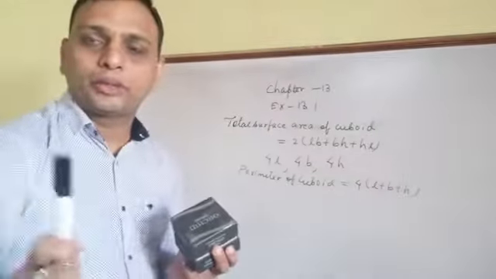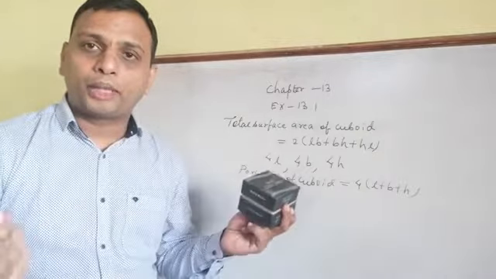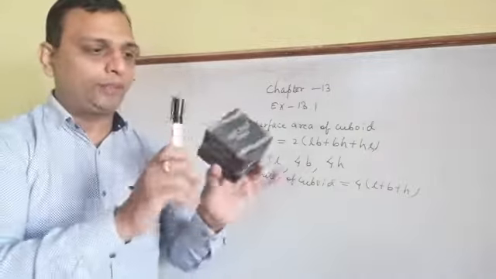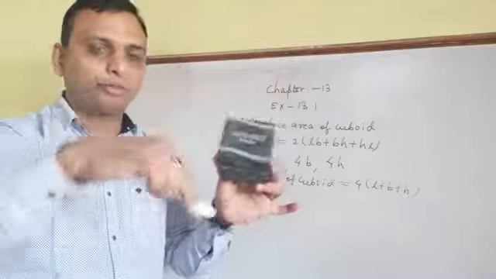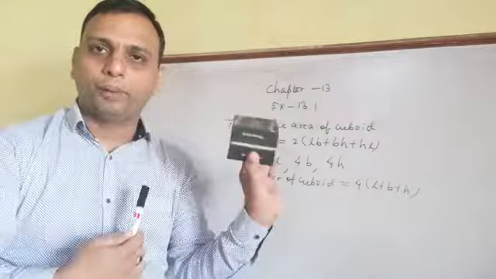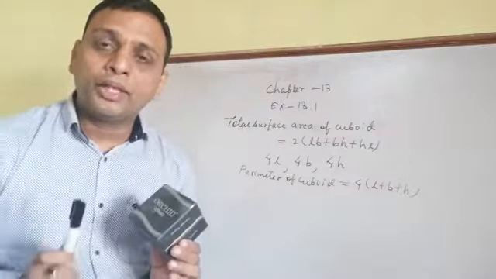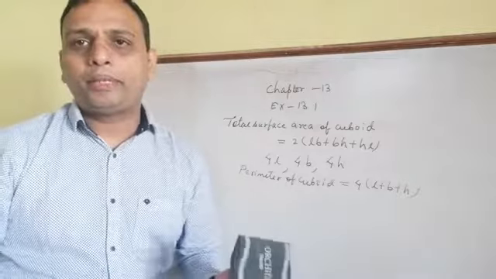Remember one thing: when I say total surface area of cuboid, it will include each and every part of the cuboid. So this is the formula we will use to find the total surface area of the cuboid. Now, questions may be in different forms.